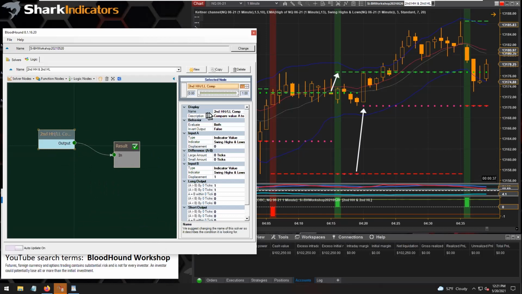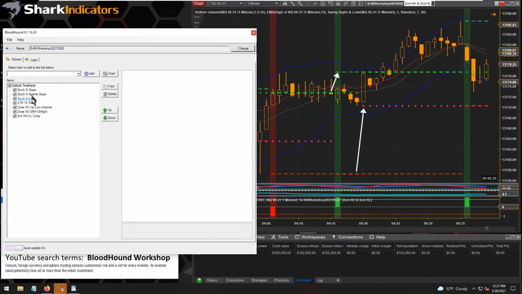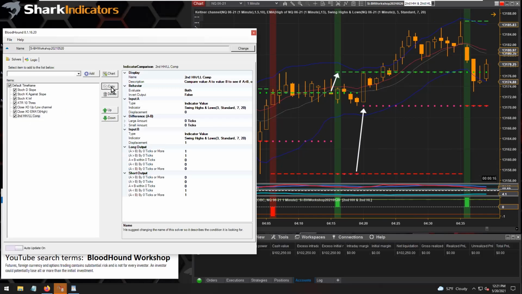So I have one solver, right, that's looking at the widest tops and widest bottoms. So now I need another solver that's looking at the tightest tops and the tightest bottoms, which is the dotted line, right? So I'm going to switch over to the solvers tab, and I can make a copy of that solver, and then reorganize this there.